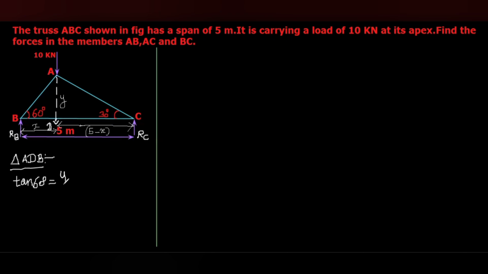That means we can write Y divided by X. Okay, then we can write Y equal to X tan 60 degree. Okay, then from the right angle triangle ADC, okay, I'm going to calculate tan 30 degree. This also is opposite side divided by the adjacent side.